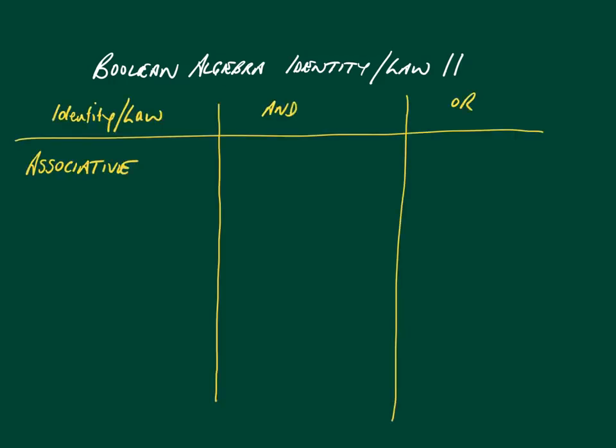And with associative, it's just like normal arithmetic. When two or more of the same operator are involved, the order we apply the operations doesn't matter.